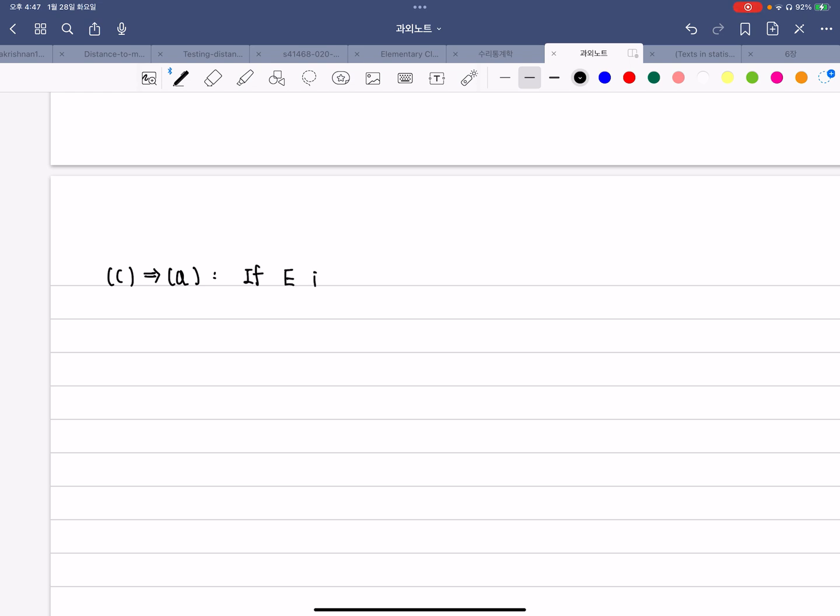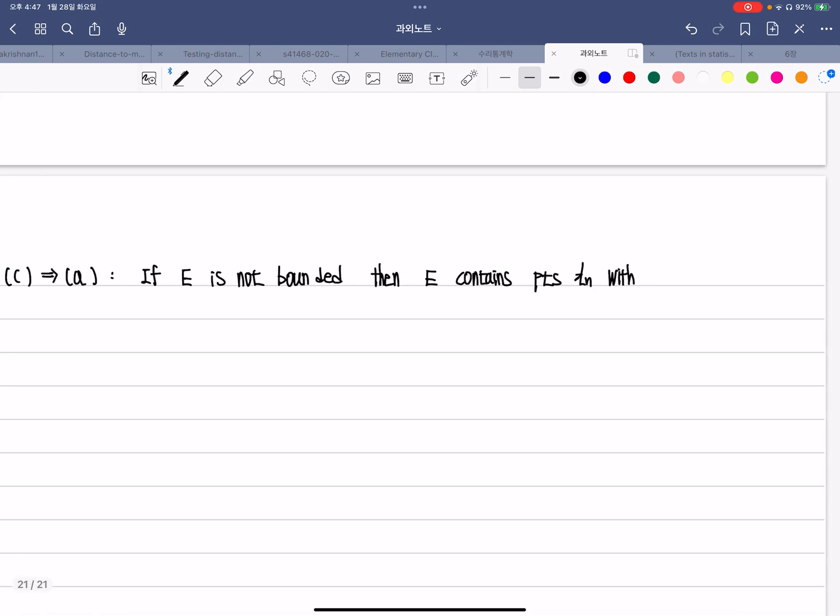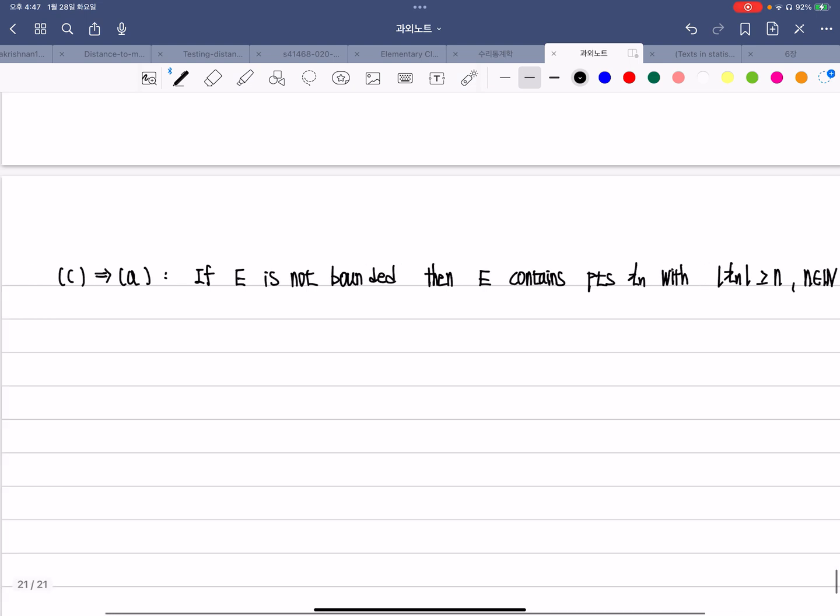First, if it's not bounded, E contains points xn with the norm of xn larger than n, for any natural number n.